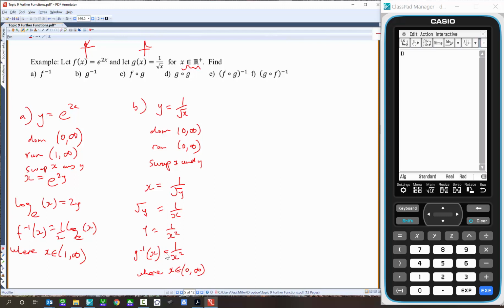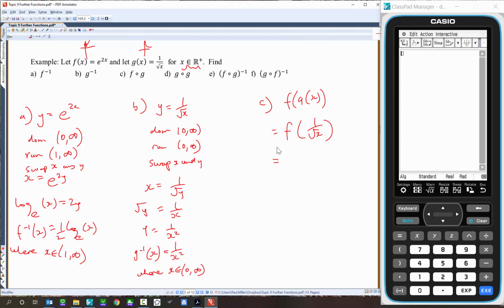All right, so yeah, the inverse of that function is a truncus, the right-hand side of the truncus. Cool. Okay, now composition. What we want to work out is f of g of x. Okay, and that's going to be f of, now g of x is 1 over root x.